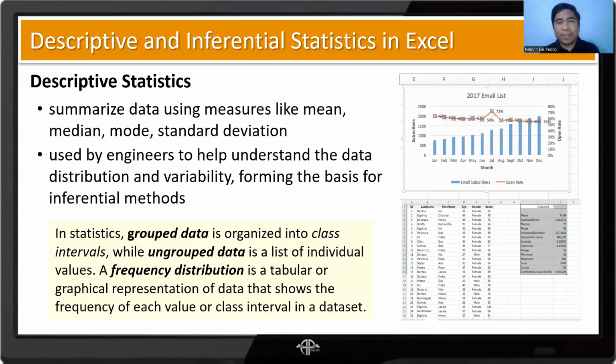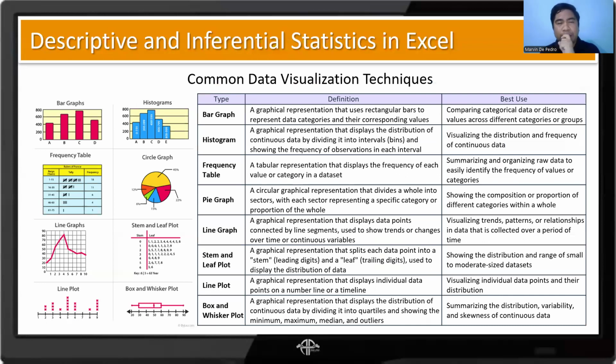The most basic of all is the frequency distribution, which is a tabular or graphical representation of data that shows the frequency of each value or class interval in a data set.